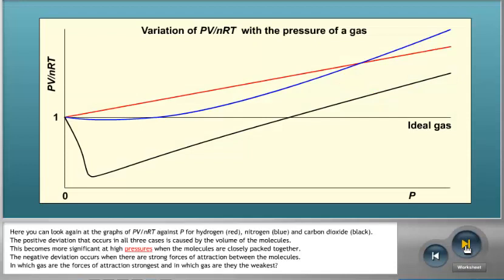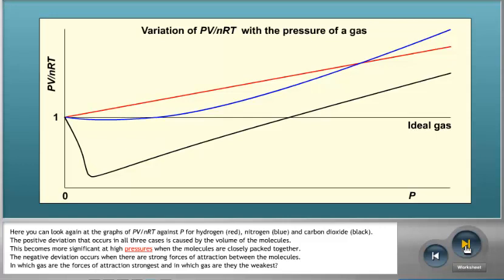Here you can look again at the graphs of PV over nRT against P for hydrogen, red, nitrogen, blue, and carbon dioxide, black. The positive deviation that occurs in all three cases is caused by the volume of the molecules. This becomes more significant at high pressures when the molecules are closely packed together.